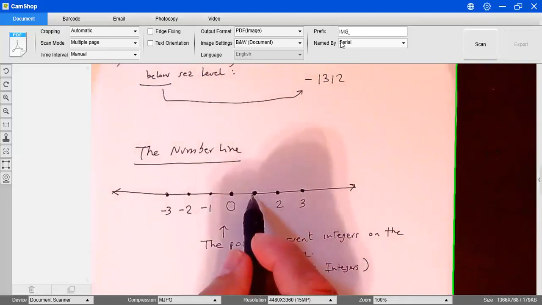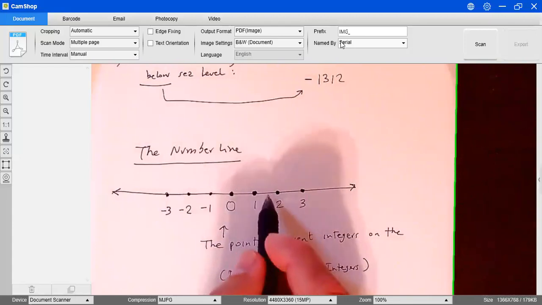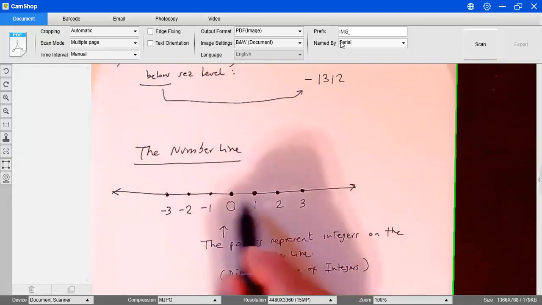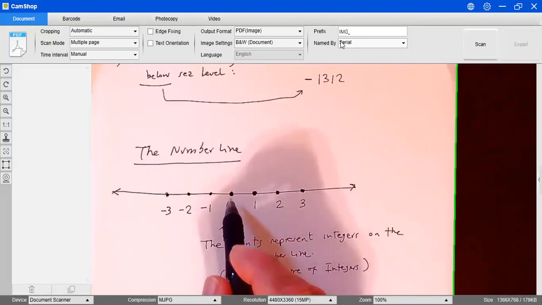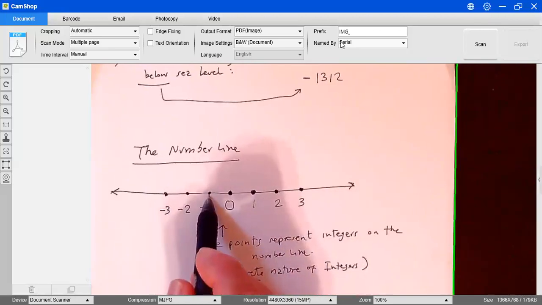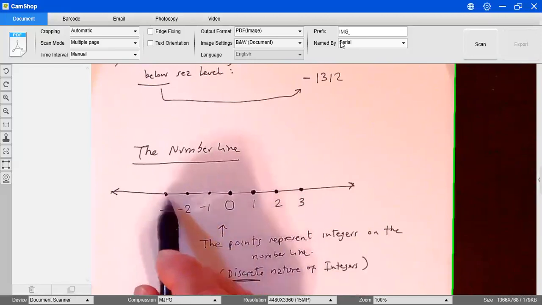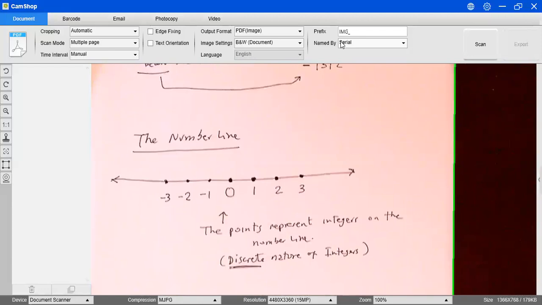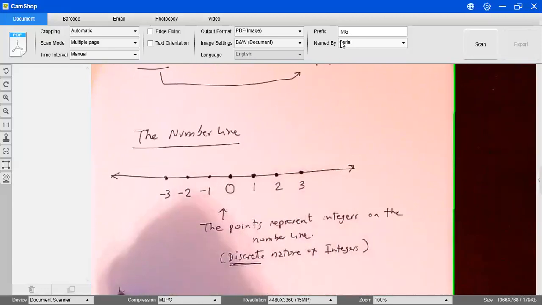They are very far apart from each other, so they can be distinguishable. You see where -1 is, you see where -2 is. That's the purpose of this number line for integers. So we're going to solve example 2.